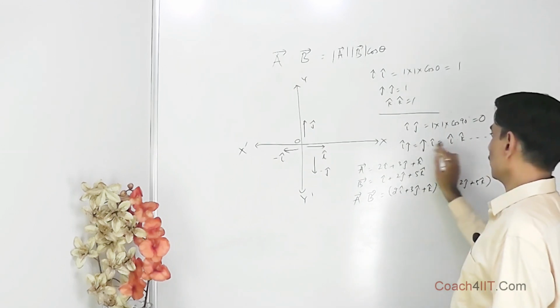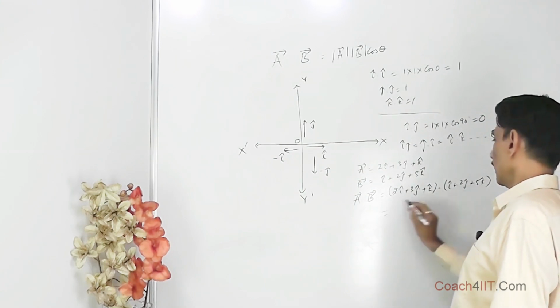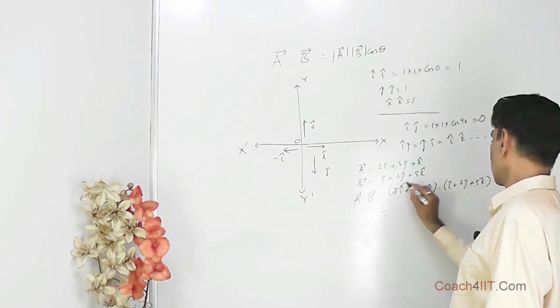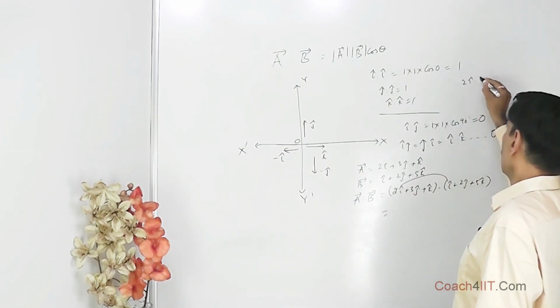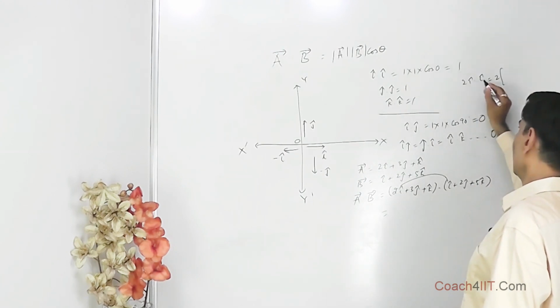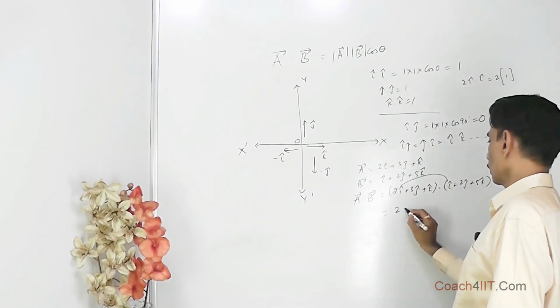Now we can make use of what we have learned. So 2i dot I is 2 into 1 into cos 0; the 2 comes out, I dot I is 1, so 2i dot I is 2.